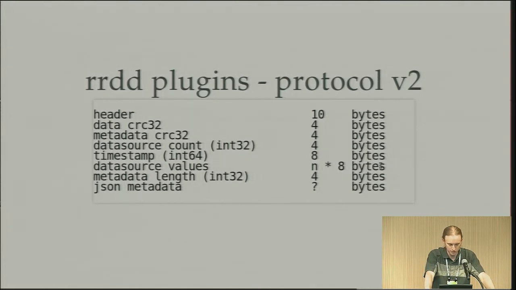Then the number of data sources, timestamp, the data source values, which is the interesting data, and then the metadata all sits at the end. On the reading end of this protocol, the reader can check the metadata CRC, and if it hasn't changed from the last tick, it can basically ignore these last 2 rows, which are the nasty things it has to parse. So it can just go straight through, read a fixed number of bytes and get the useful data out.